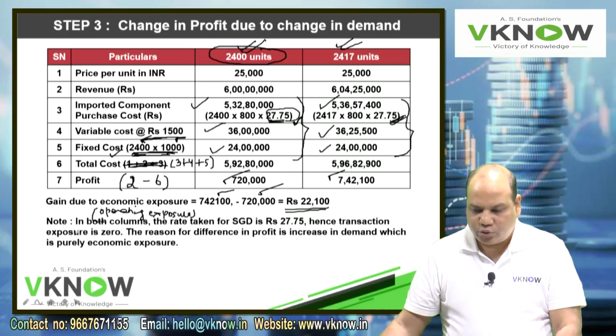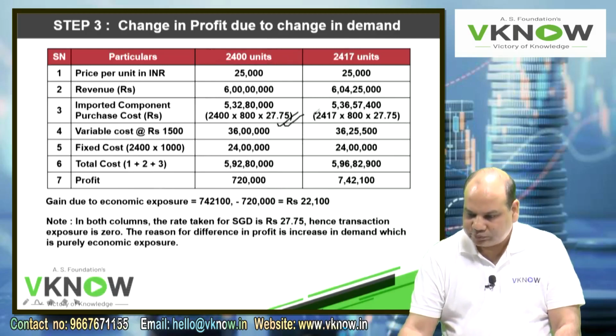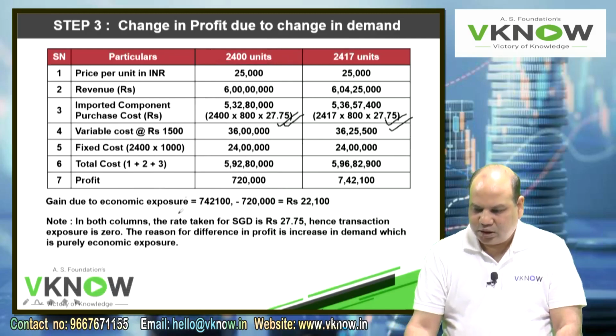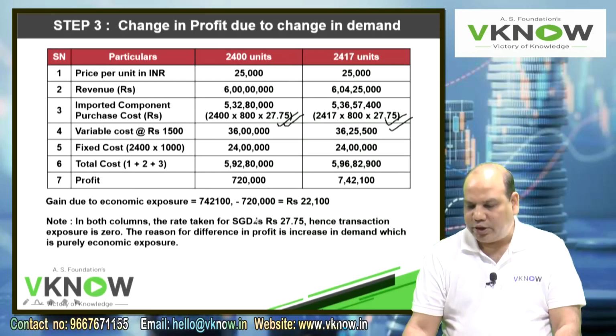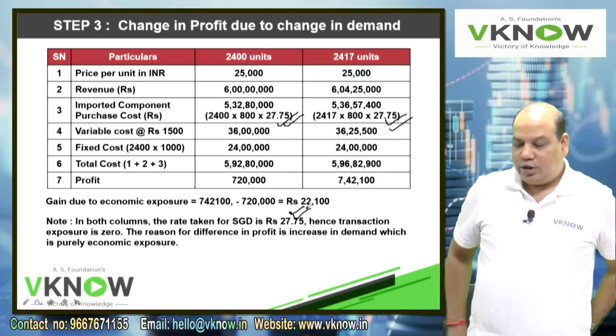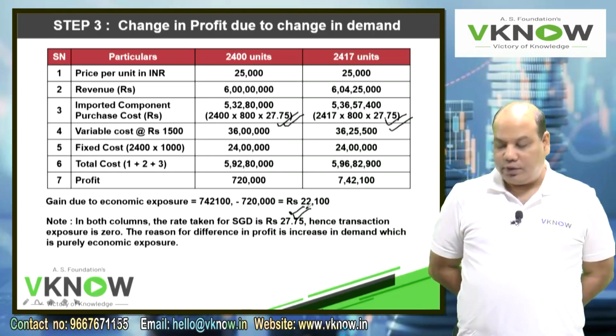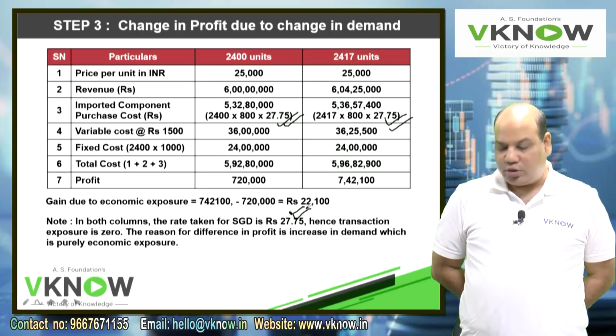And then you write one concluding note. Now we are writing a comment on this. Note: in both the columns, the rate taken for SGD is rupees 27.75. Hence, transaction exposure is 0.